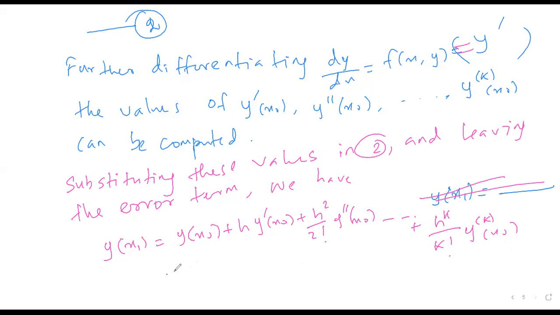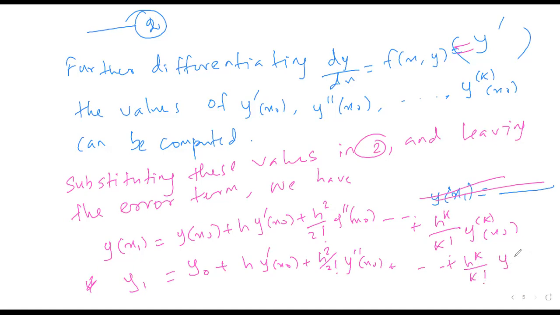So this I can write in a simpler way. This is my y naught. This I can write as my y1, which is equal to y naught plus h y dash naught plus h squared by 2 factorial y double dash naught, up to h to the k over k factorial times y to the k naught. Sorry, this one should be y naught.